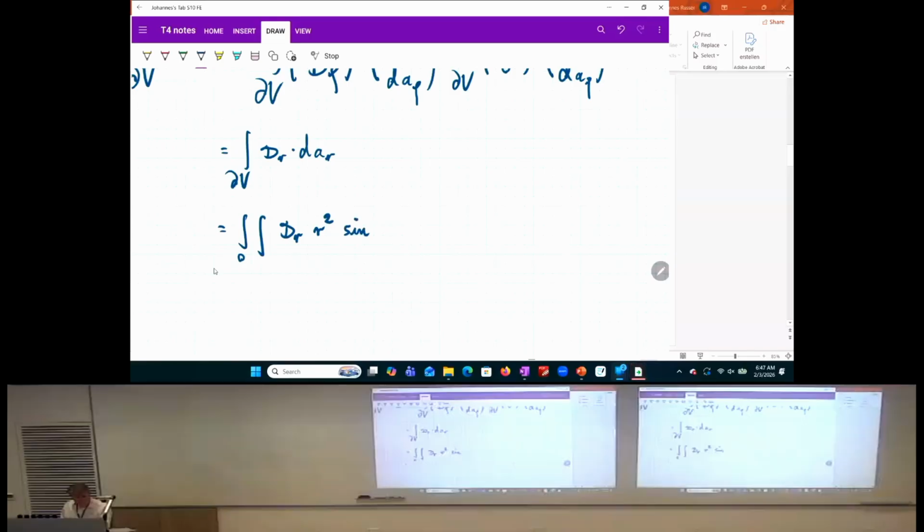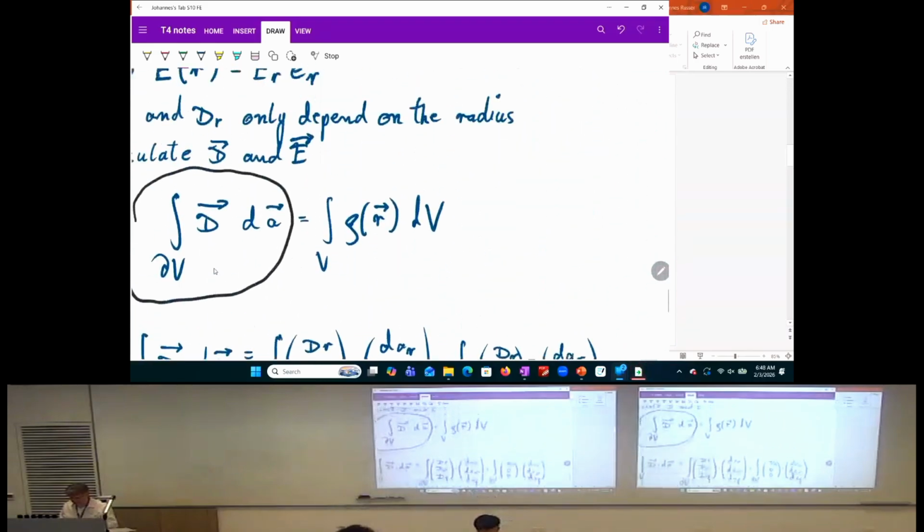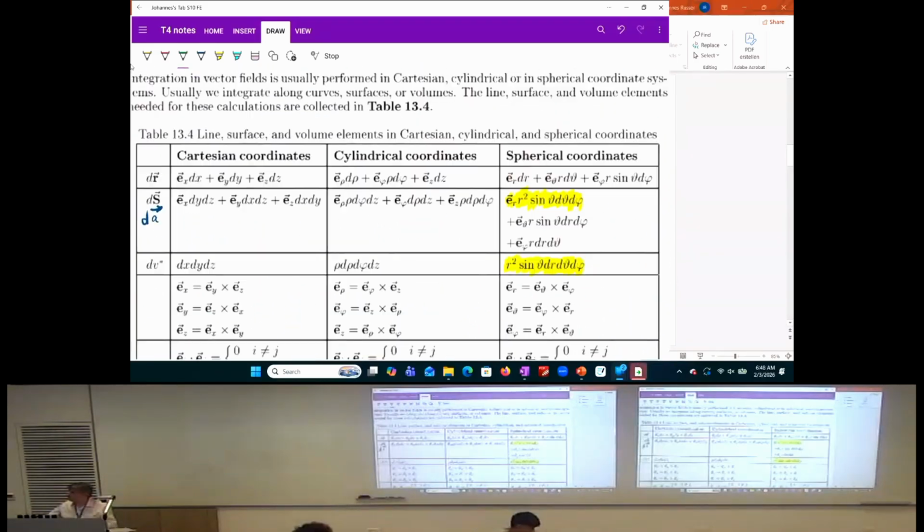And here you have to take into account now that we have spherical coordinates. This is just what we took from here. You see, this is the contribution of the surface element for our E_r component.